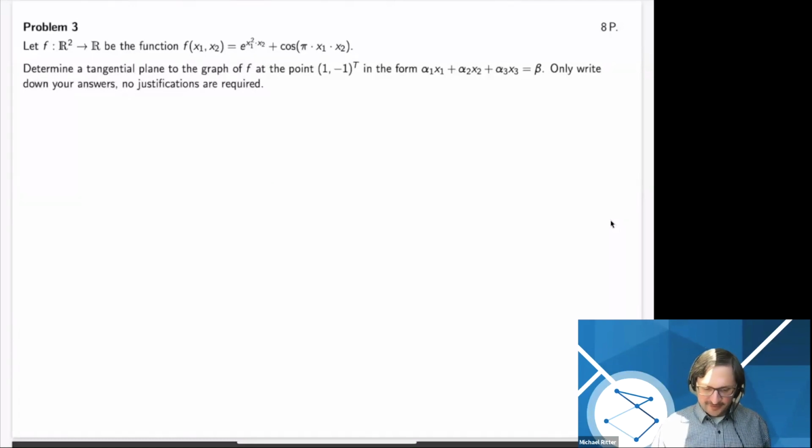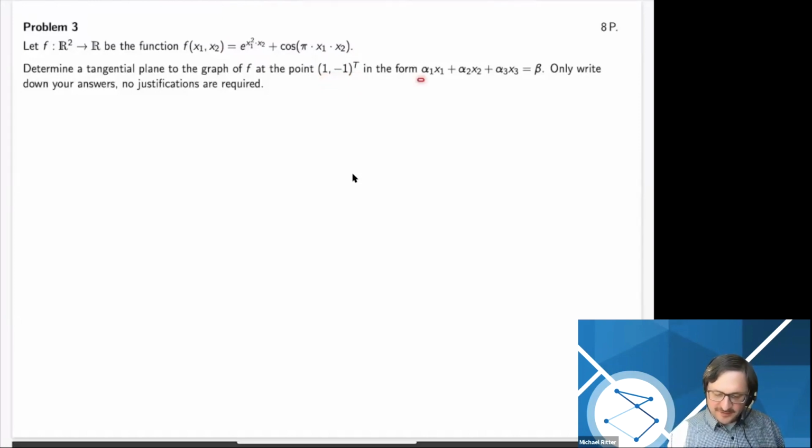I've brought another example for computing a tangent here. I hope you can all see that one. There's a function defined from R2 to R, defined like this. It looks a little complicated, but that doesn't really matter. And we want the tangential plane to that graph at a point. The point is now (1, -1), so it's not 0 this time, which again makes it a little more interesting.